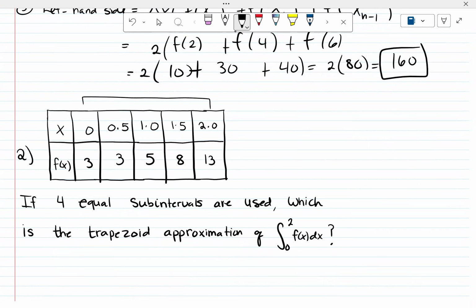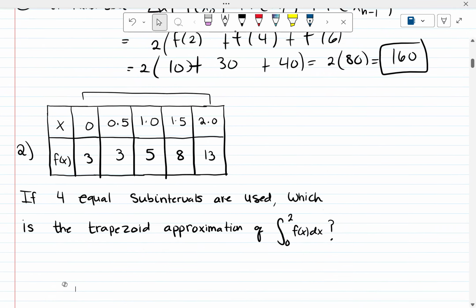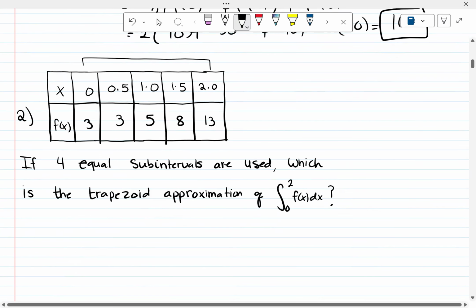I always start with this one. We're doing a trapezoid, so what does a trapezoid look like? It kind of looks like this.